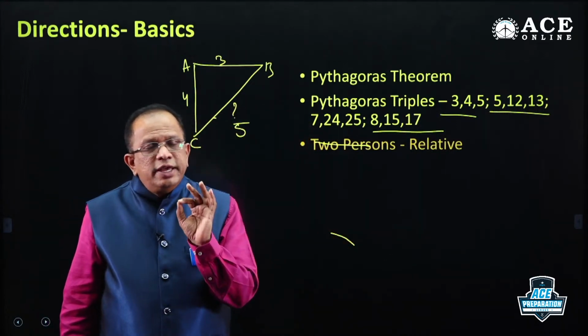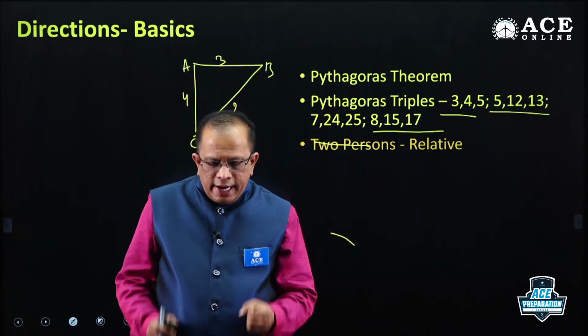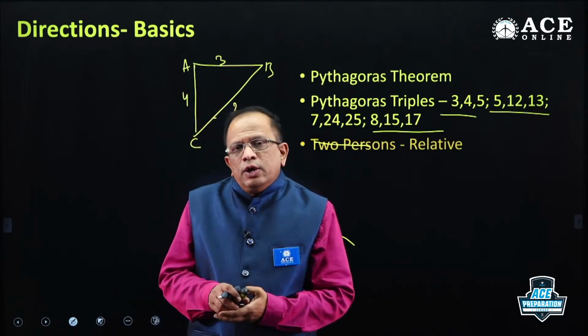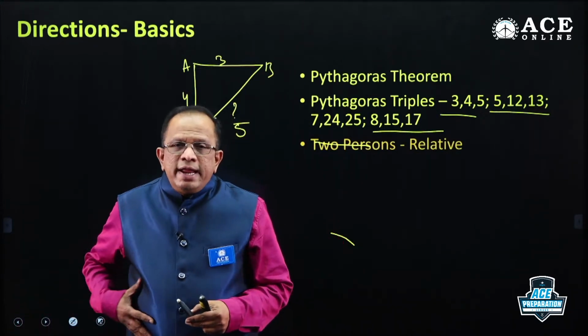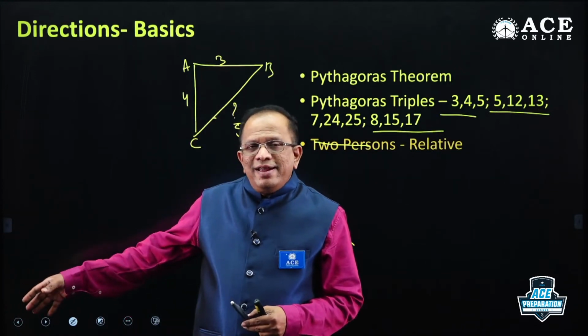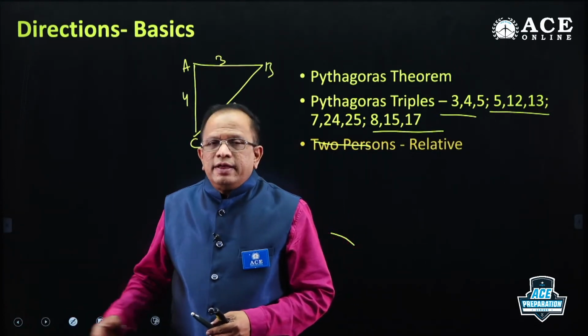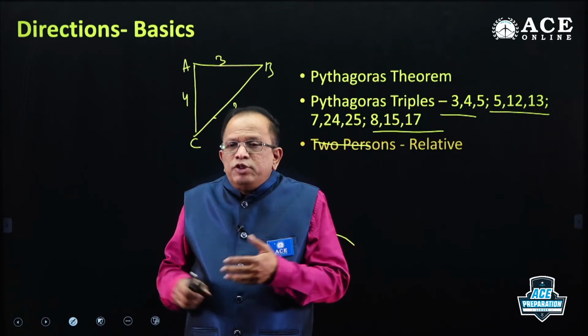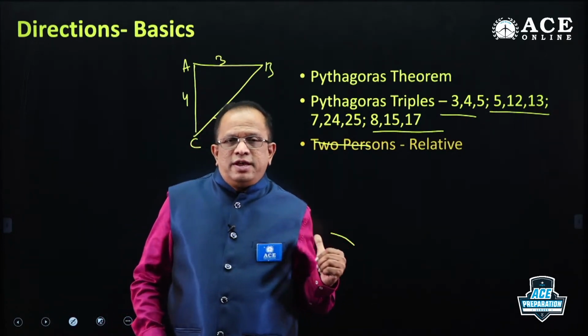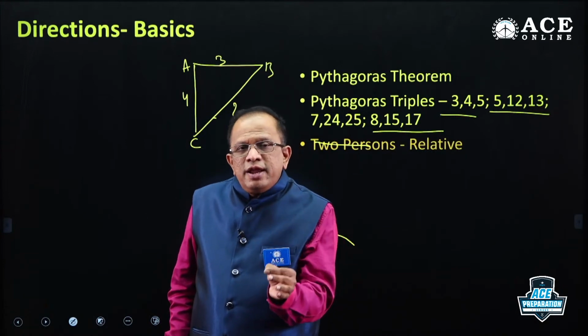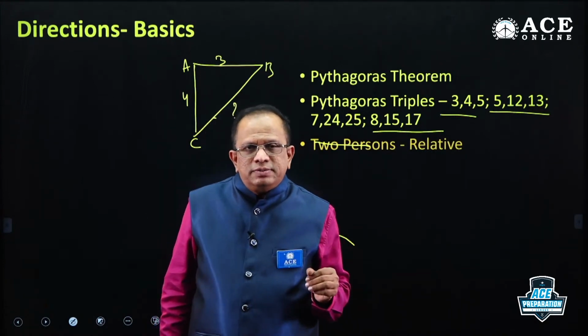Relative. This is very, very important. If I am standing here, and to my right side someone is standing, then where am I with respect to that person? I will be on his left side. This is the meaning of relative position.